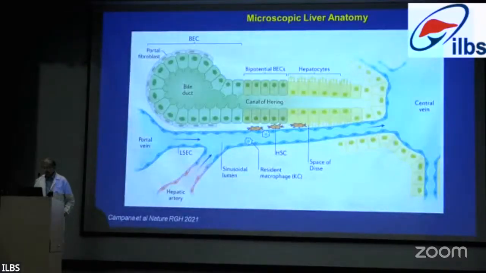A larger view shows, and the recent thinking is that it is not the bile duct area and the canal of Herring where all the regeneration takes place. In fact, a wave can start from here in the patients, but it is the bipotential biliary epithelial cells which can go this direction or this direction.